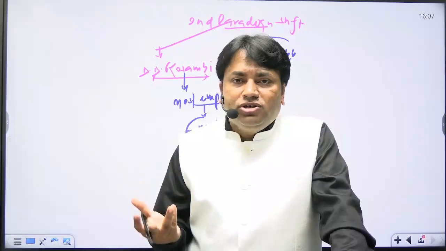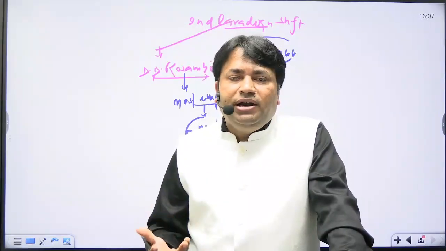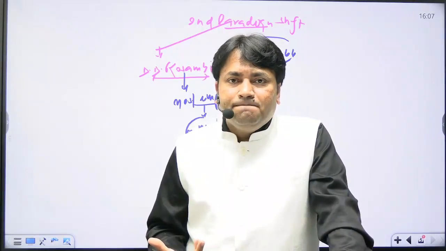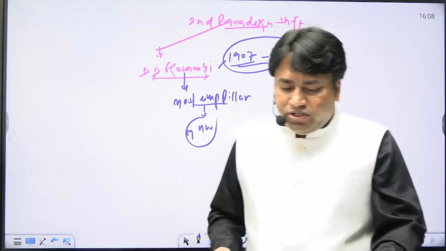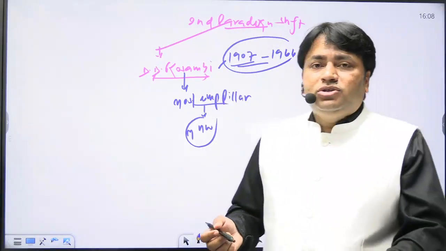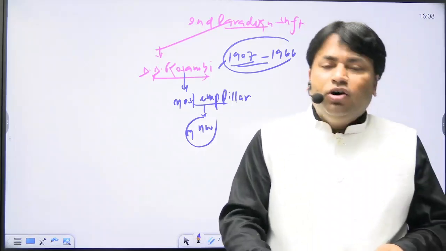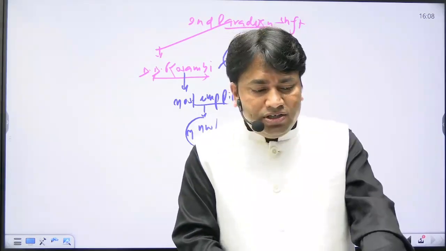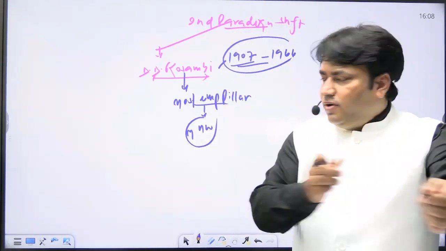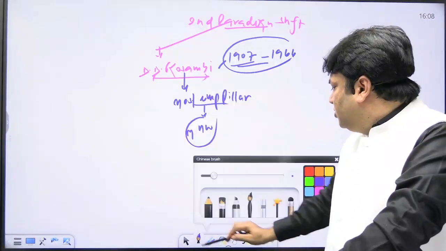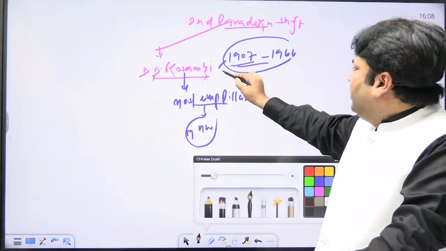So for D.D. Kaushambi, history was much like mathematics and statistics. So D.D. Kaushambi introduced a new shift, and that is one of the major shifts in the field of history writing in India. Now for D.D. Kaushambi, history is completely different.